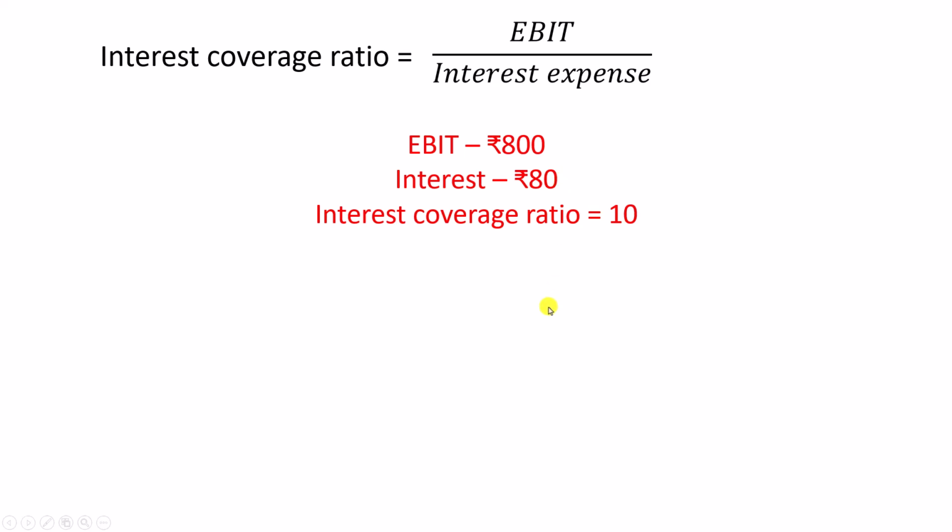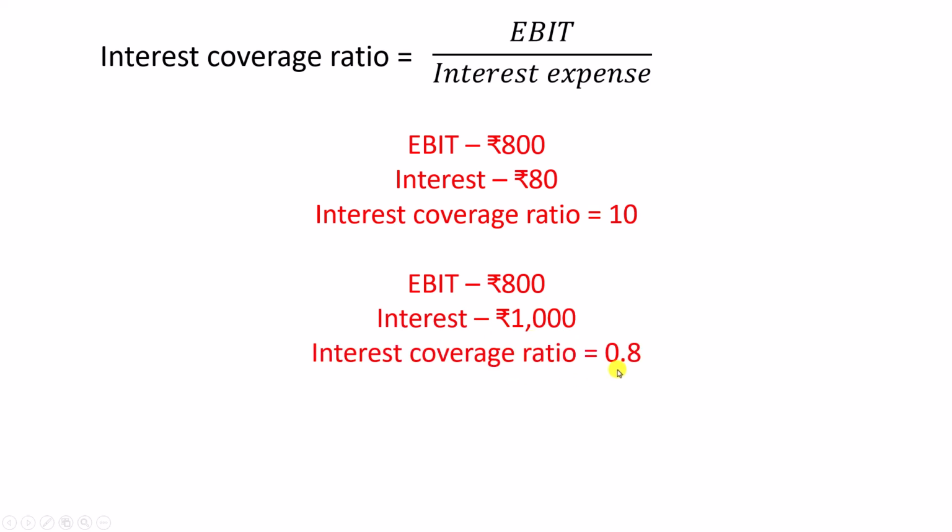Let me take the second condition. Let us say EBIT is 800 crore rupees and the interest to be paid is 1000 crore rupees. So the interest coverage ratio would come to 0.8, meaning the company is not earning enough money to pay even the interest to the banks or financial institutions.